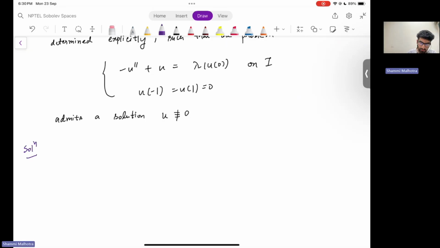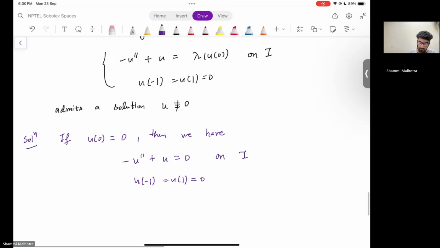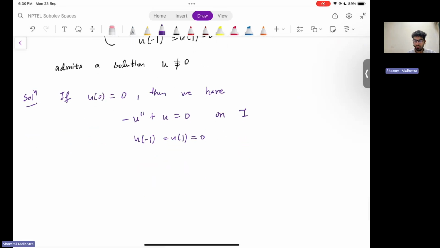So we need to consider two cases. First, if u0 turns out to be 0 only, then we have minus u double dash plus u equal to 0 on I, and on the boundary points we have value 0. But this is just a linear second order ODE which we can solve.